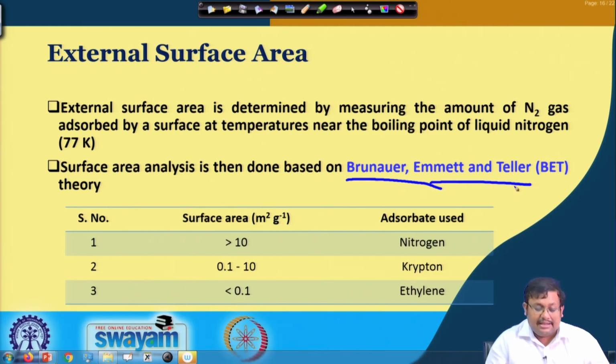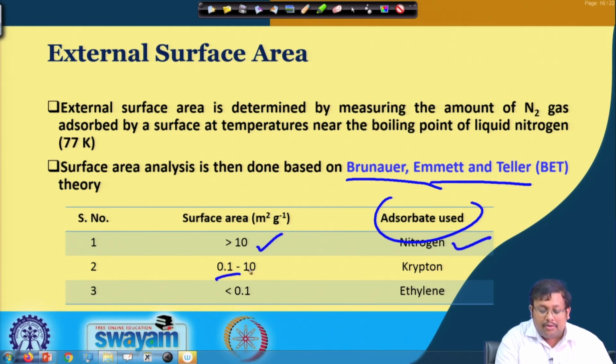BET theory we will learn in the next slide. Depending on the surface area, we use different types of adsorbate. For example, if the surface area is greater than 10 square meter per gram, we use nitrogen. If it is between 0.1 and 10, we use krypton gas. If it is less than 0.1 square meter per gram, we use ethylene.